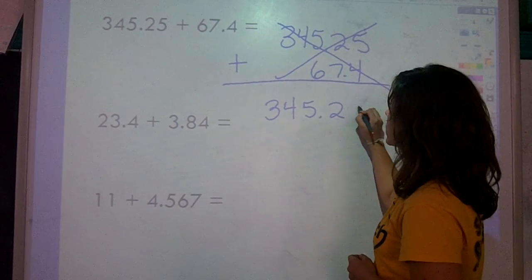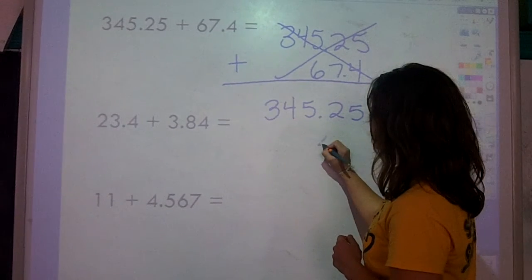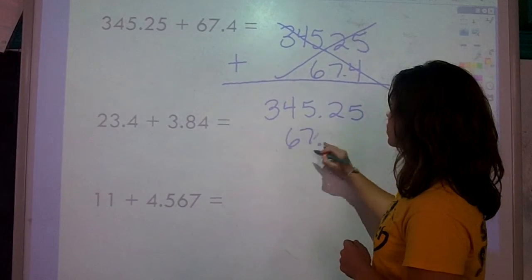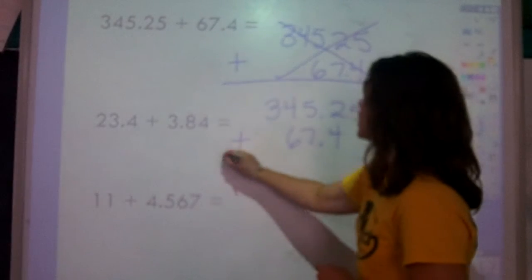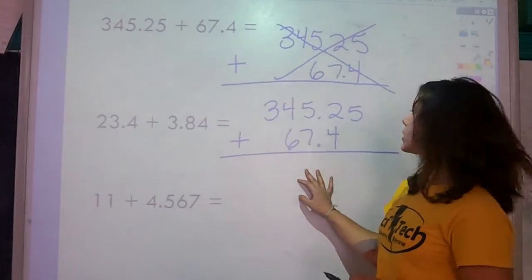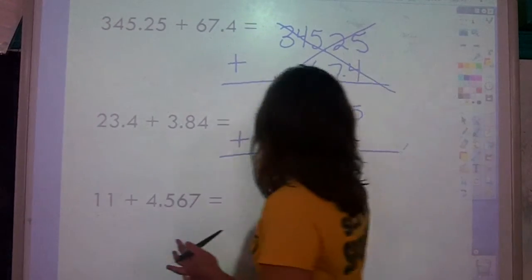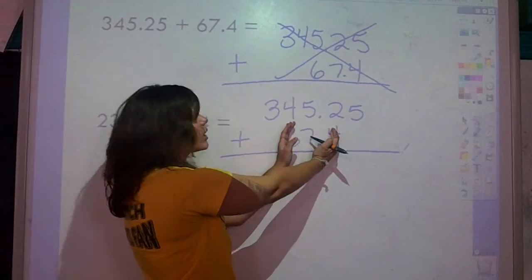345 and 25 hundredths. Find the decimal point. It's going to be 67.4. If I try to add this number just as it is, this could get really confusing because I see blank spaces and it's kind of centered underneath the 345.